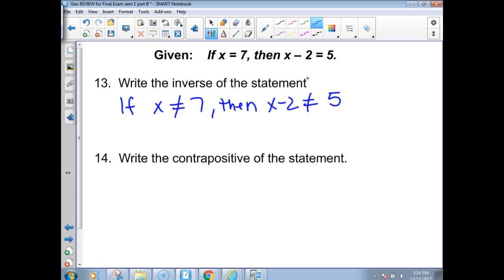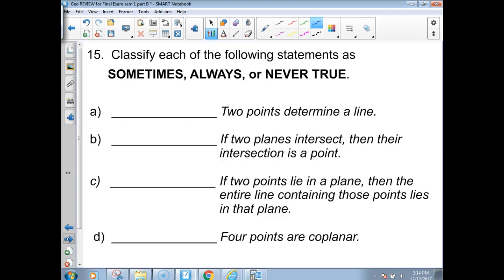The contrapositive of that statement then would be if x minus 2 does not equal 5, then x does not equal 7. And if you wrote it out in words, that's fine as well. Okay, does anybody know they have a question in here right away before I stop for a moment and let you continue? Okay, read these, give it a shot.